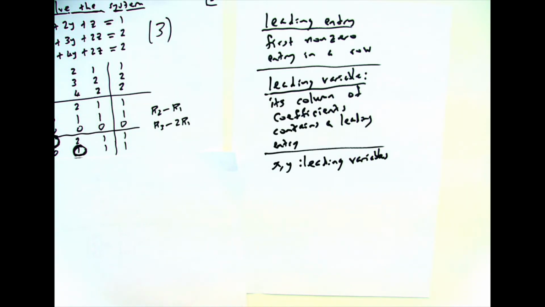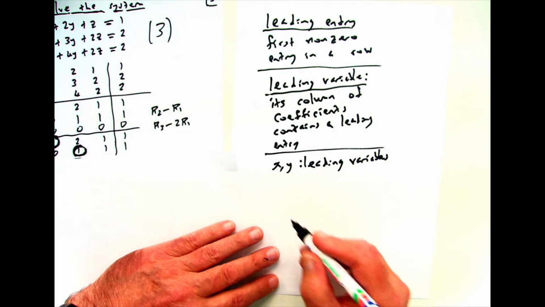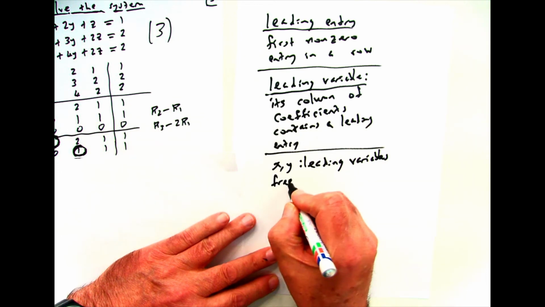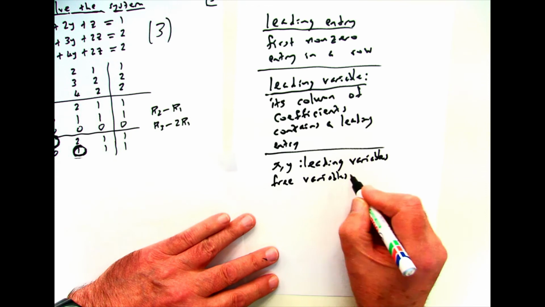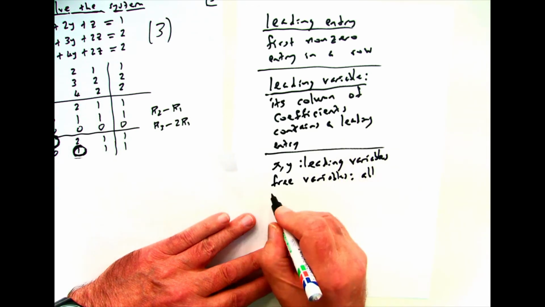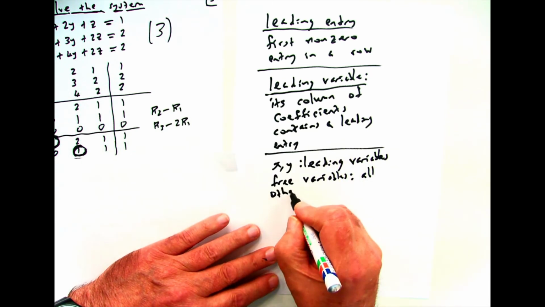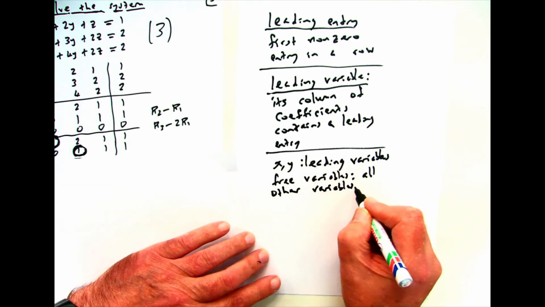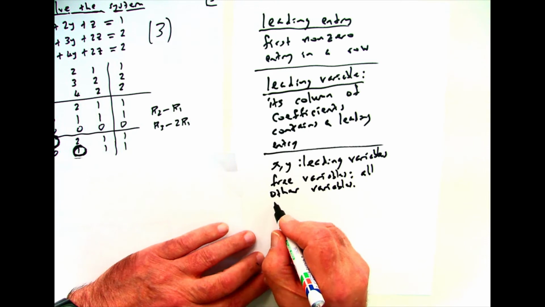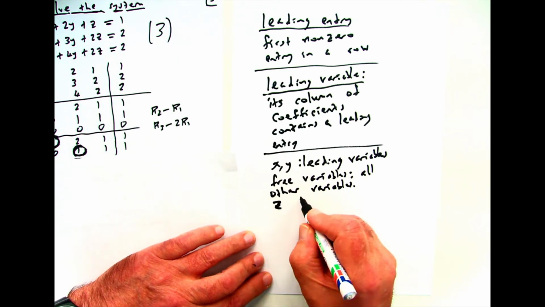And the free variables are the other variables. So z is the free variable.